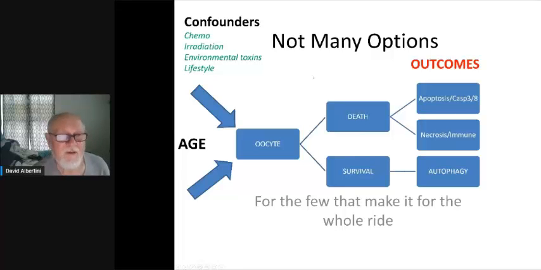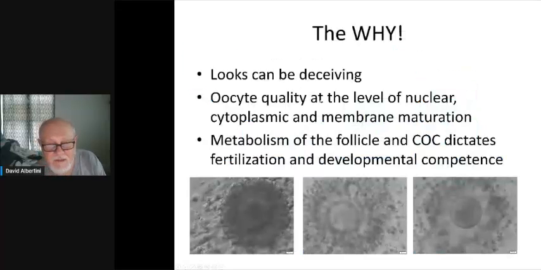Now, finally, the other complicating factor here is that there are many confounders. We'll mention a little bit about patients in line for fertility preservation, but we're seeing more and more that environmental toxins are interfering with ovarian function and therefore egg quality, as is lifestyle. So it's a tough problem to resolve.